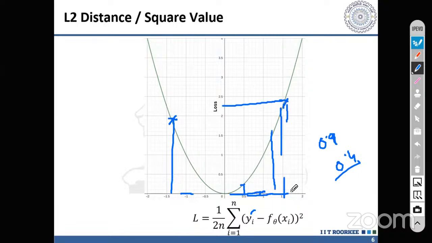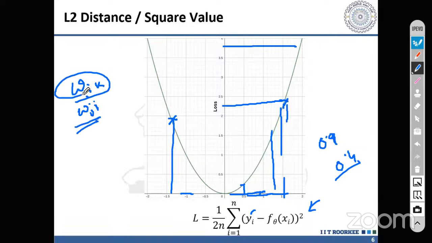These errors are all calculated using this formula, and you know how you can modify the weights. WYK, WJI, if you remember, those parameters need to be modified based on these loss functions. These loss functions can be either absolute or squared.